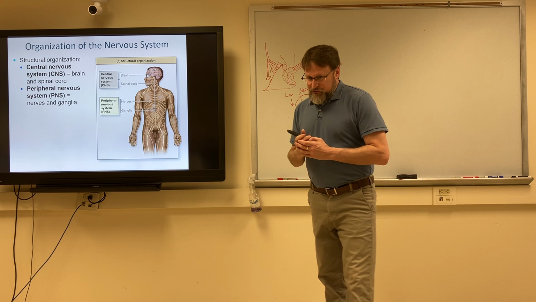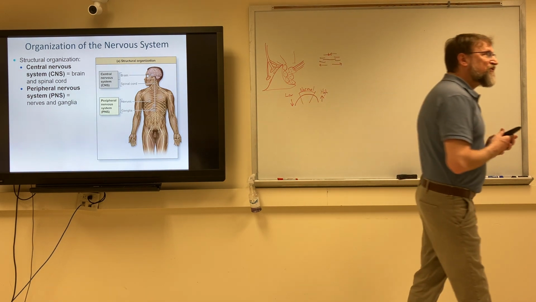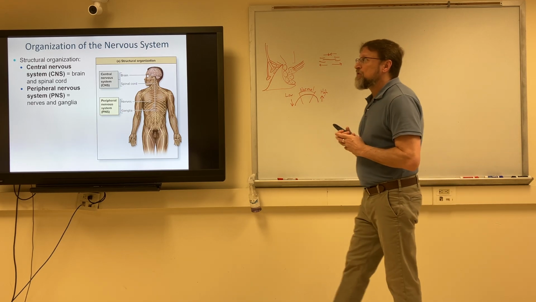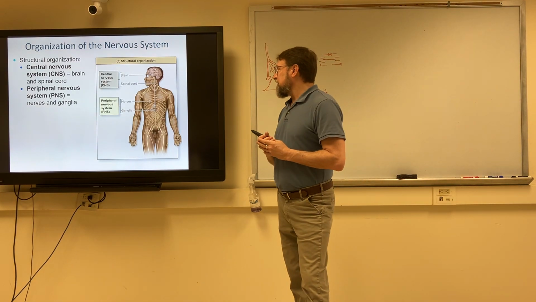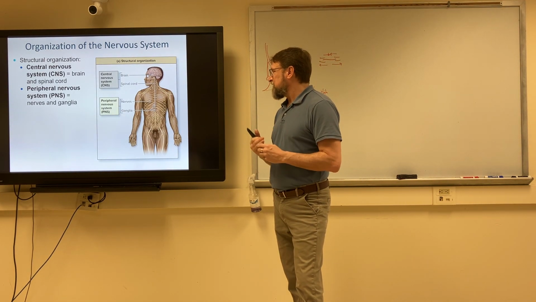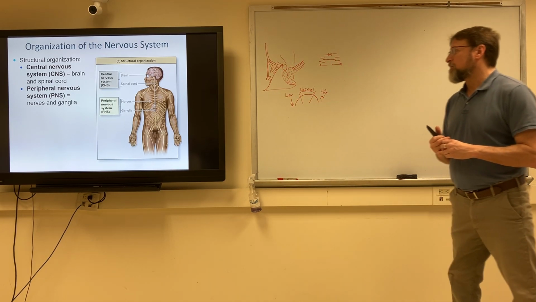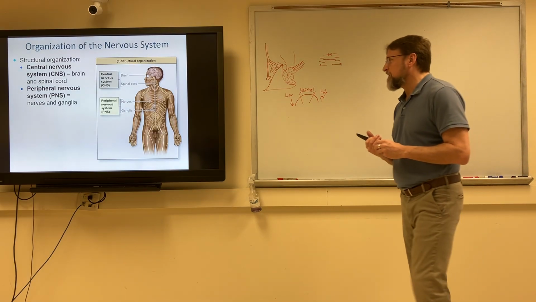So the first step is to use the definitions that we have come up with to describe what the different units of the nervous system are, and this again is just a definition for us to start with. We're going to describe something as either central or peripheral. Central meaning in the center, peripheral meaning on the outside.